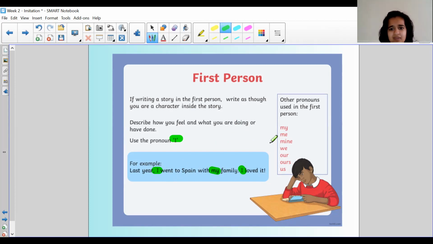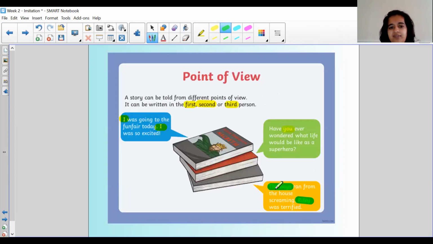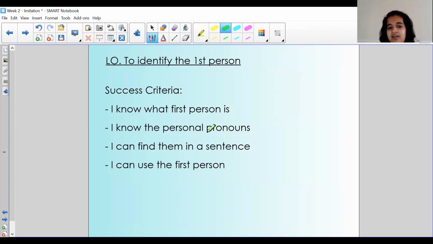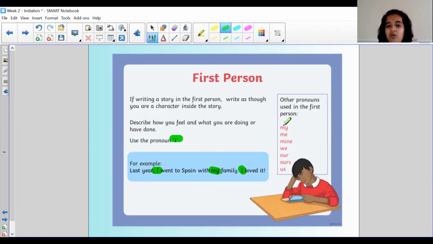Last week, I only told you two pronouns. I told you I and me. However, we've got over here other pronouns that you use in the first person. Okay, if I go back to my steps of success, that's talking about the personal pronouns. So all of these are your personal pronouns. My, me, mine, we, our, ours, and us.